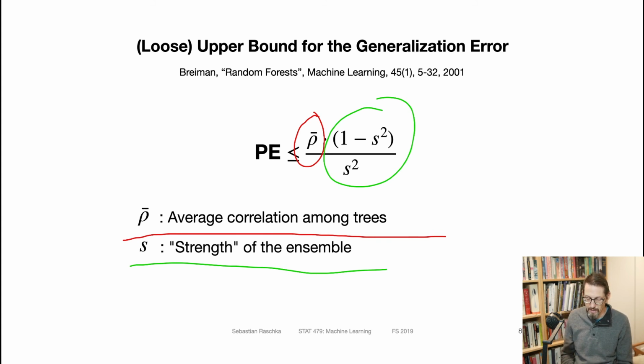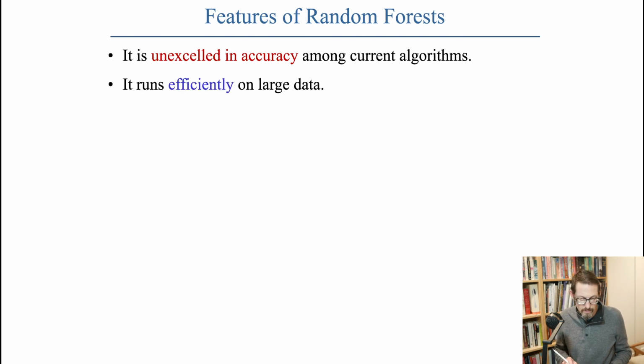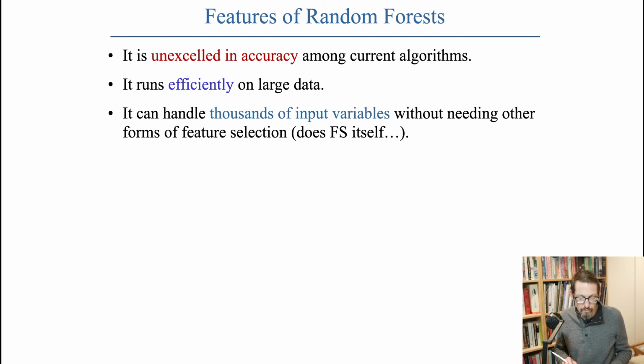So there's a trade-off between these two elements that we can use to find the generalization error. And it leads back to the idea that we want to make the wisdom of the crowds work for us.